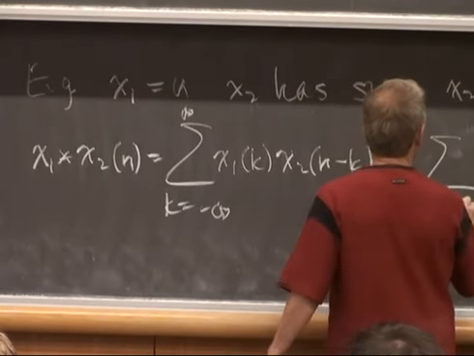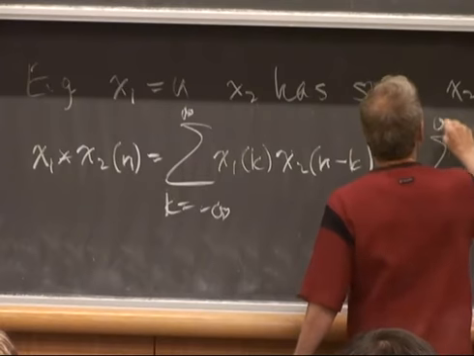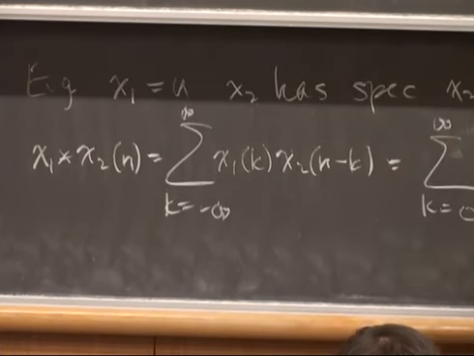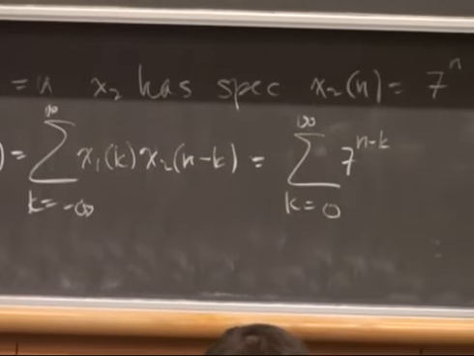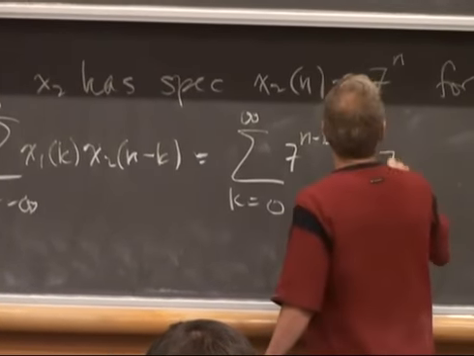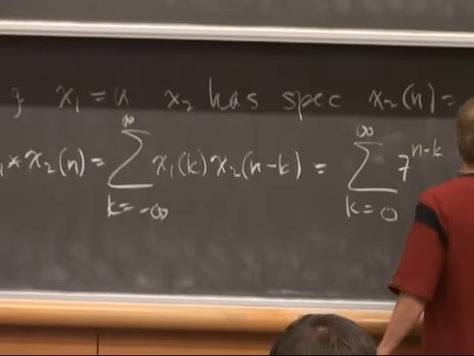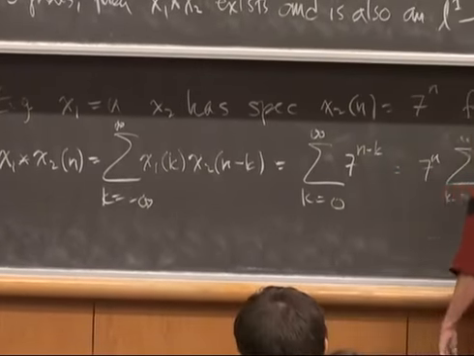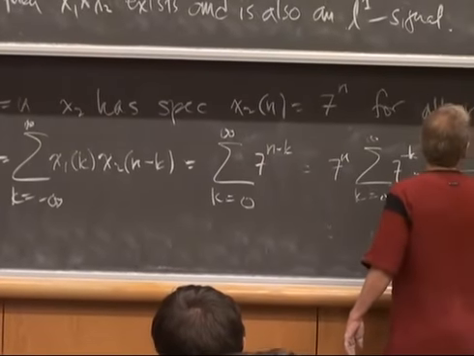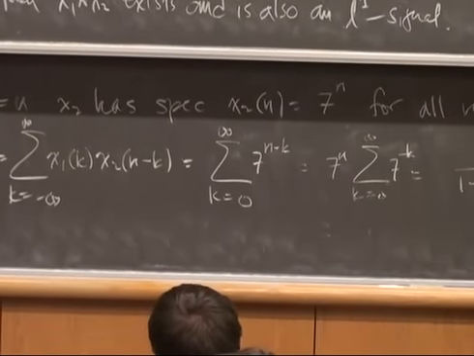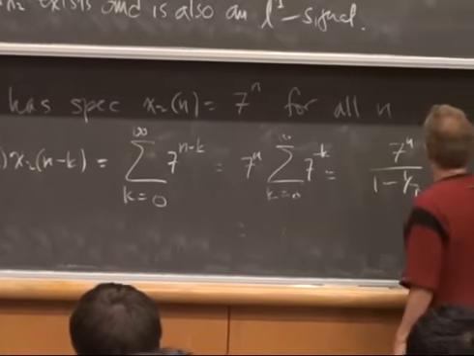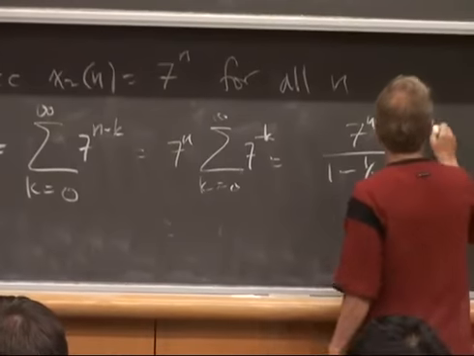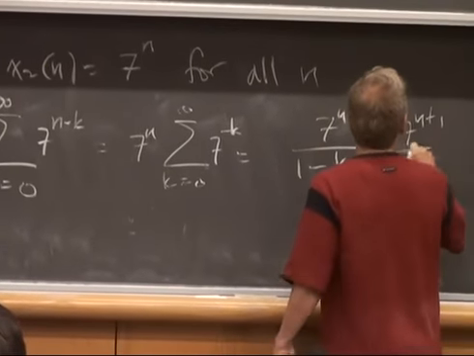So this becomes a sum from k equals 0 to infinity of 7 to the n minus k, because that's what x2 of n minus k is for all n and k. And this is just 7 to the n times the sum from k equals 0 to infinity, 7 to the minus k. So that's 7 to the n over 1 minus 1/7 by geometric series, which is what? 7 to the n plus 1 over 6 for all n.